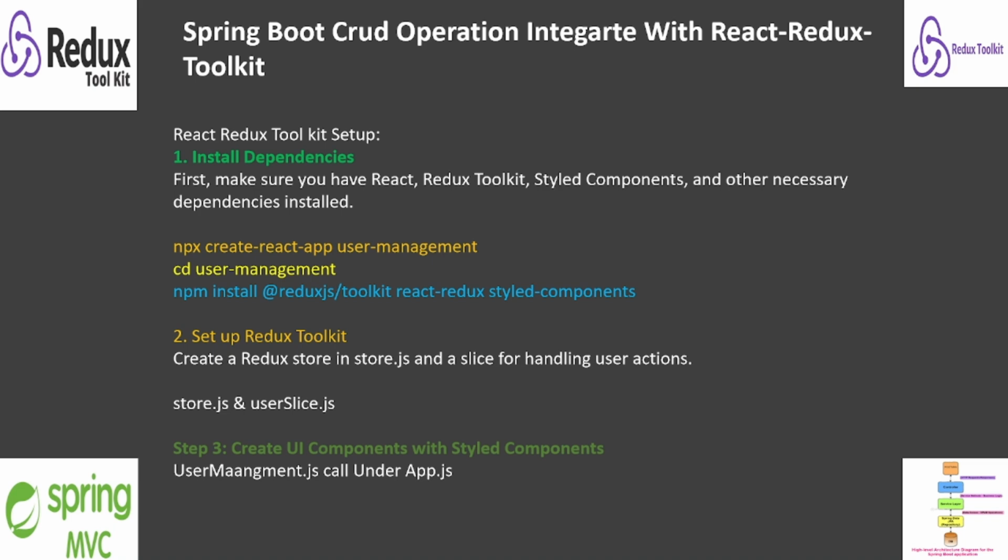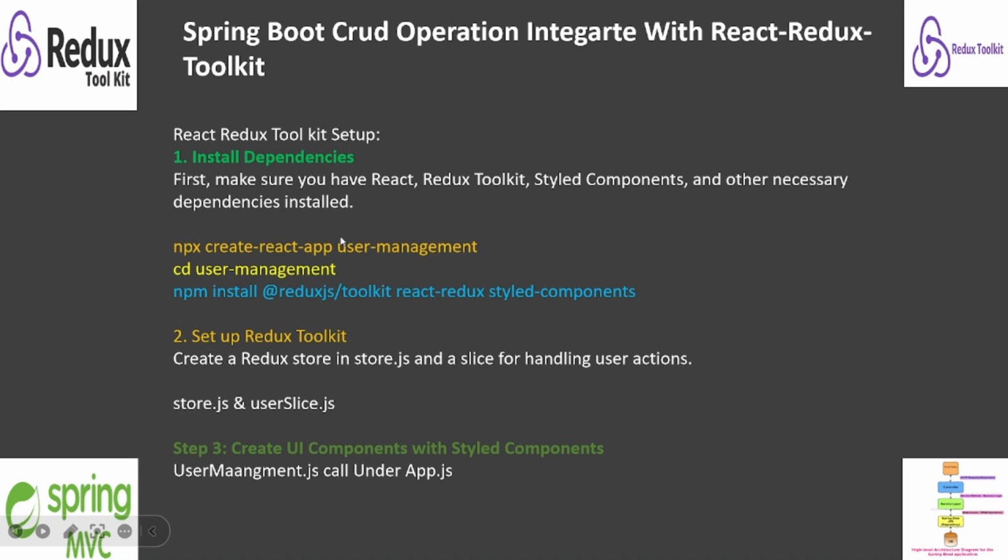Next, you need a few things: the React Redux Toolkit, styled components, and other necessary dependencies to install. How are you going to create the React app? You need to run npx create-react-app user-management, which is the project name I'm going to use.